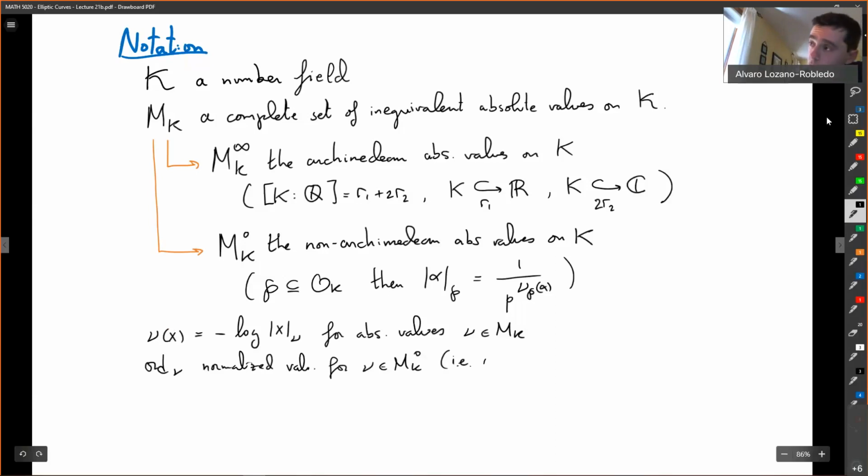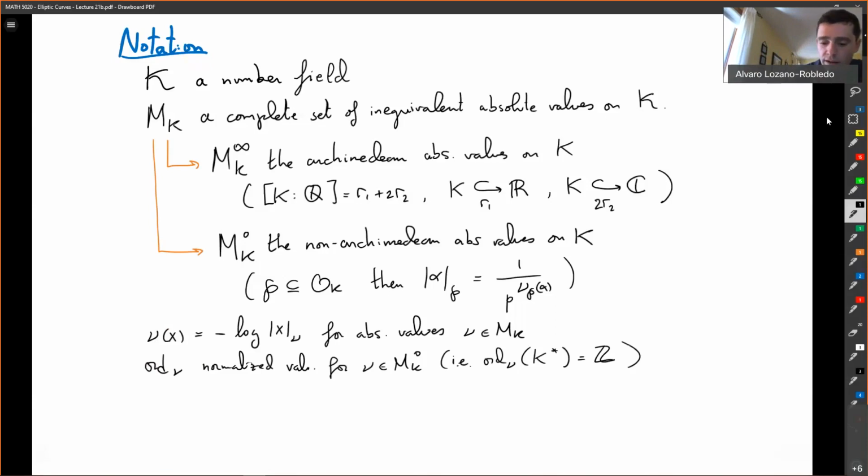Normalized so that the possible valuations are the integers. That's what normalized means. So that if you have a uniformizer, then the order at nu of a uniformizer is 1. Okay. What else do I need?